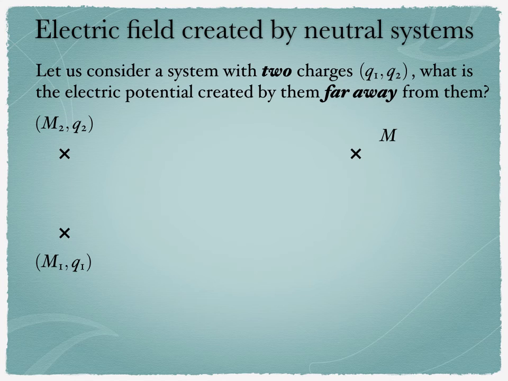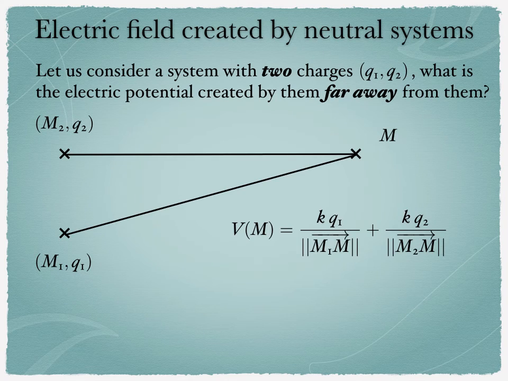Now, you probably know that the way to calculate the potential here is nothing but the sum of two contributions. The potential created by charge Q1 will be K, where K is a constant that depends on the system of units that you are using, divided by M1M, which is here the distance between point M1 and M. Then you add the contribution coming from the potential created by the second charge Q2, and that would be K times Q2 divided by the norm of the vector M2M.